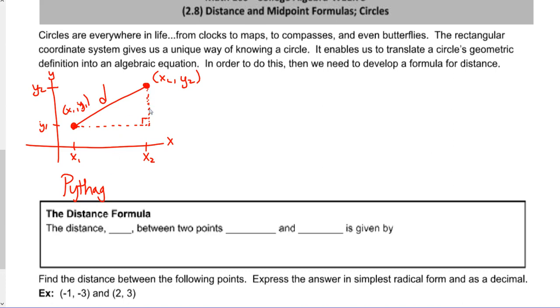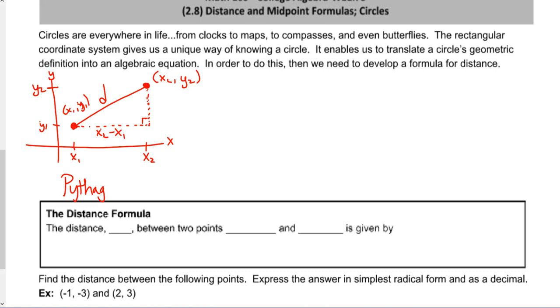Now, I need to determine what is this distance and what is this distance. Well, for the purposes of an example, if I said that this is 2 and this is 8, what's the distance from 2 to 8? Well, from 2 to 8, that's 6 things that we would have to walk, so the distance would be 6. How do we get 6 from 8 and 2? We would subtract 8 minus 2. Therefore, this distance, if I subtract x2 minus x1, is going to give me that number for the distance.